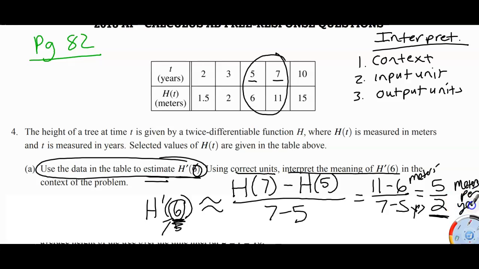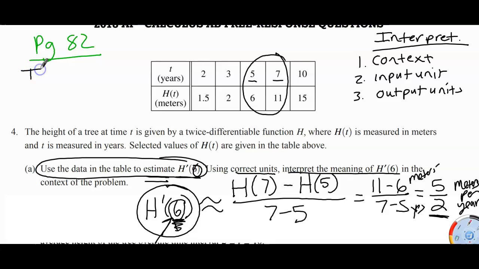And it's a positive number, so we have an increasing amount. So the interpretation of this problem is that the instantaneous rate of change of the height of this tree at the year t equals 6 is approximately 5 over 2 meters per year. So that's what we would need to say.